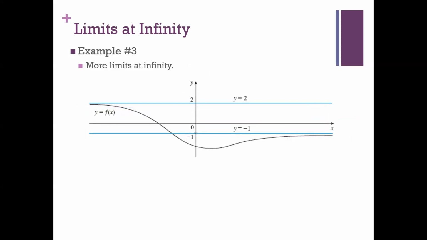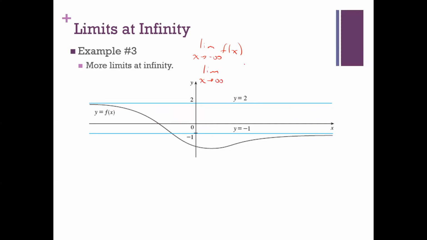All right, more limits at infinity. I'm now realizing I need to revise something that I said to you. So here I have this, the limit as x approaches negative infinity. Let's just get these two limits.